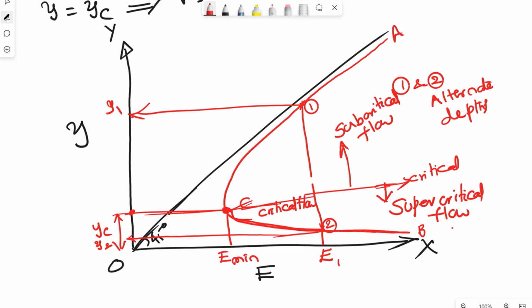I stop here, and in the next class, let us learn some more points on specific energy. In today's lecture, I explained what specific energy is. Specific energy is the energy of flowing liquid per unit weight of liquid measured with respect to channel bottom as datum.